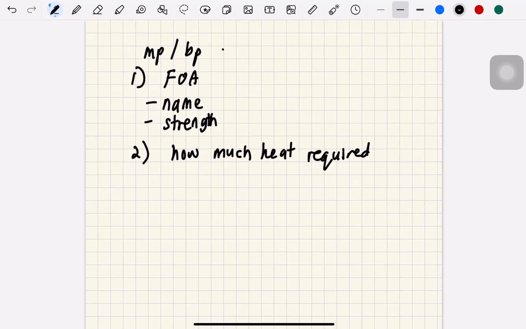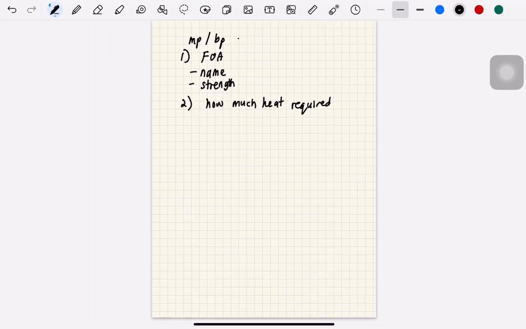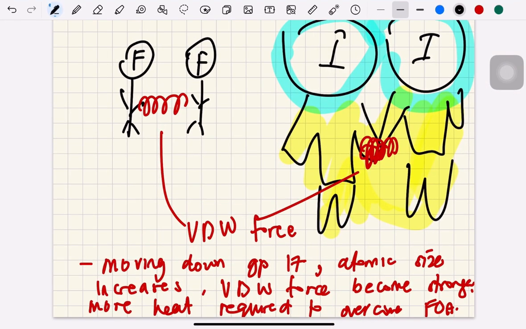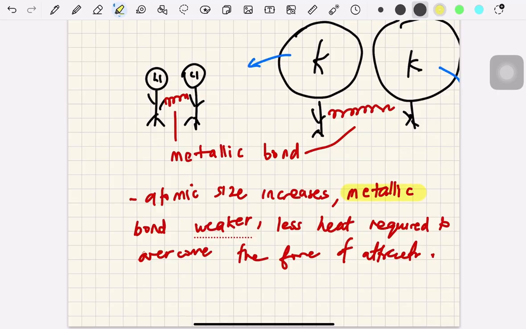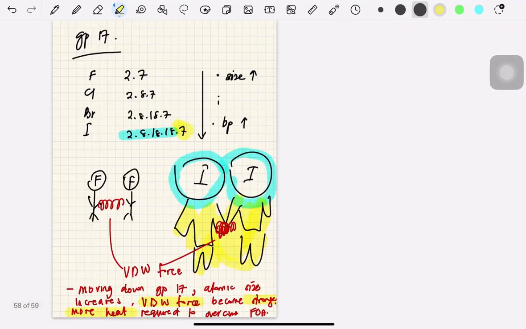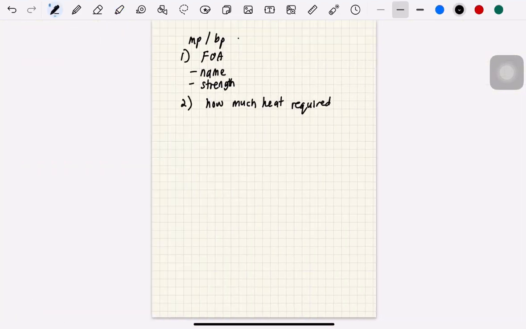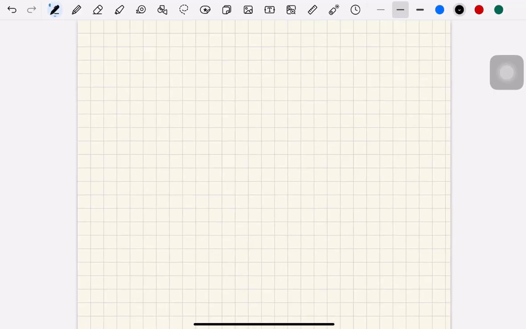So 3 things: name of force of attraction, strength of force of attraction, and how much heat is required. Again, look at what I highlighted. The name of the force of attraction is van der Waals force. This is the strength, more heat is how much. This is again the name of the force of attraction, strength of the force of attraction, how much heat is required. 3 points, so you will get full marks. Next, let's talk about reactivity.